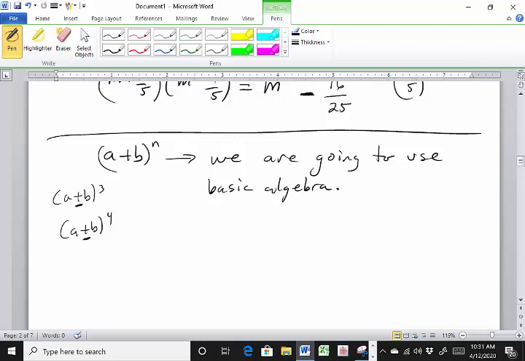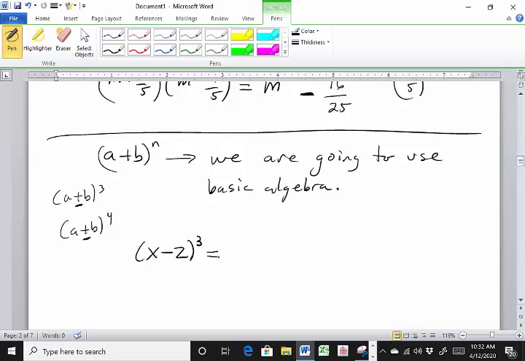So, for example, let's just say you were asked to do x minus 2 cubed. I want to simplify x minus 2 cubed. Well, this is done by going back to our basics.